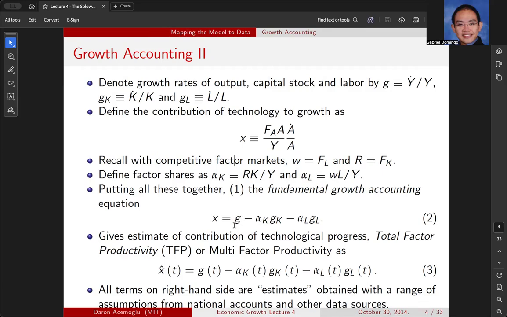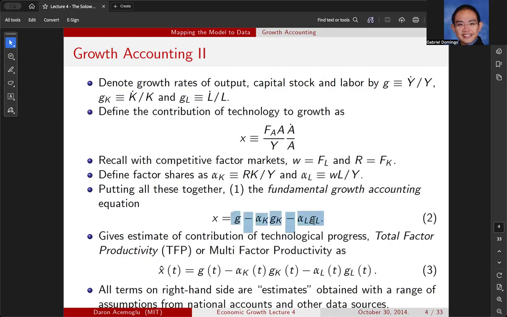So notice that this is G, or Y dot over Y. And this is the contribution of TFP. This is the change in A. And then notice here that you take G, the growth Y dot over Y, subtract the contribution of capital, and then subtract the contribution of labor.